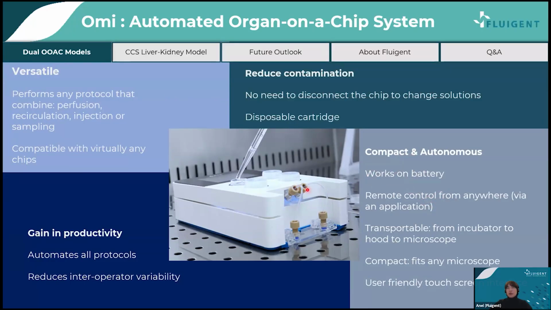It works on the battery for 3 to 4 hours. It allows a remote control via tablet, and it's compatible with existing biological infrastructure such as incubator and the microscopes. And with multiple Omis, you can also gain in productivity. So having 3 Omi for 3 experimental conditions, or as I showed, having it in the dual configuration.